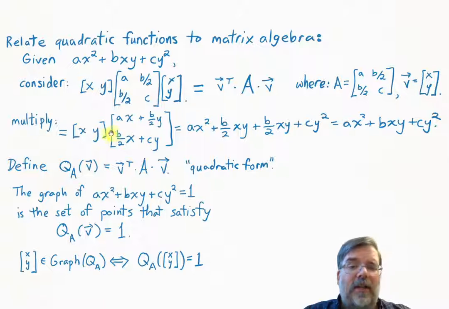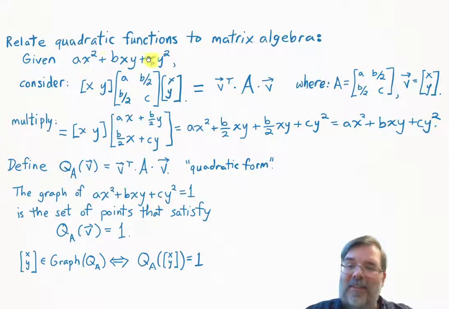Right? That looks kind of like a dot product. So we'll have x times this top entry plus y times this bottom entry. And when you multiply that out, and I write usually my x followed by y in each case, and then combine like terms, hey, what a coincidence! We got this exact quadratic function that we started with.